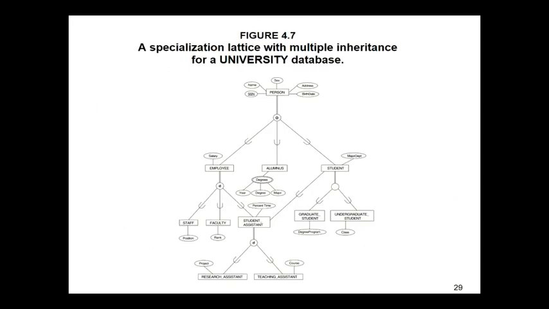So the idea here, if we look at this, is that we have the student assistant being in the employee category and in the student category, and then coming down they're either a research assistant or a teaching assistant. Okay, so think about the database management system and the work that has to happen when you insert something into the student assistant. What has to happen?